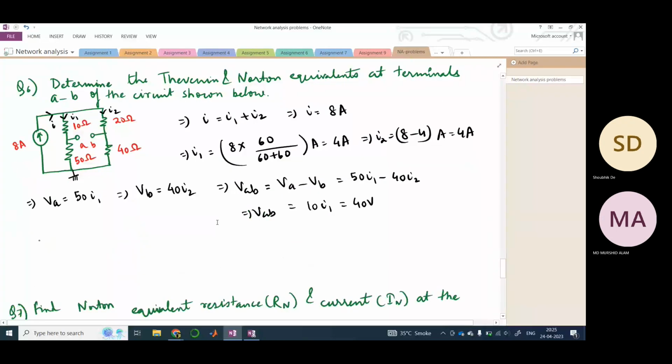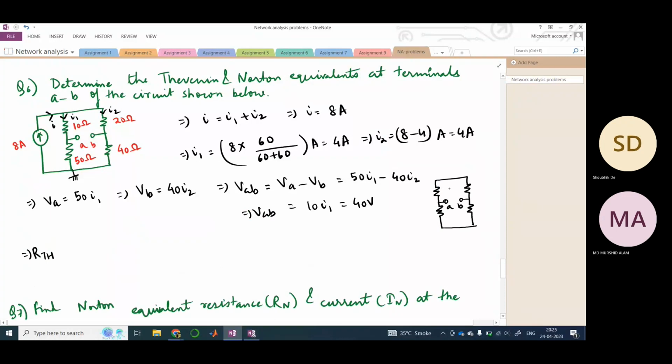So now what would be RTH? For RTH, you need to open circuit this, and therefore your equivalent resistance would become something like this. If I draw this on this side here, this is A, this is B, right?